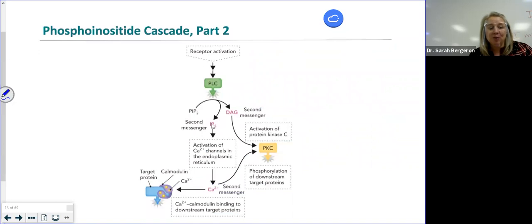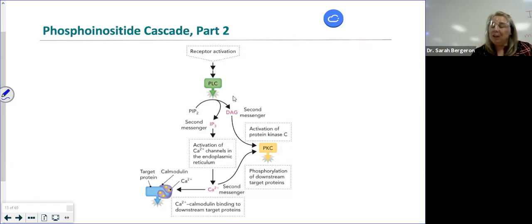So each of these 2 second messengers has its own unique pathway that it follows. Diacylglycerol will then go on and activate protein kinase C, right? And we already saw protein kinase C before. And protein kinase C is a kinase, so it can go in and phosphorylate downstream targets, right? Anytime you see kinase, you know what it can do.